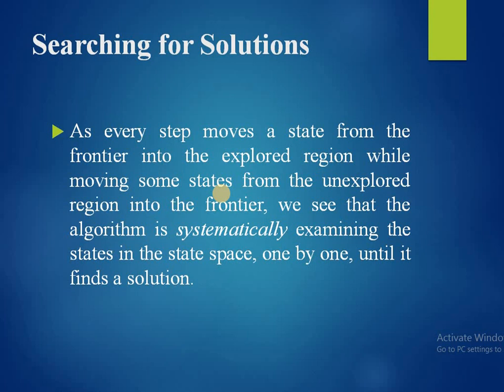As every step moves a state from the frontier into the explored region while moving some states from the unexplored region into the frontier, we see that the algorithm is systematically examining the states in the state space one by one until it finds a solution.